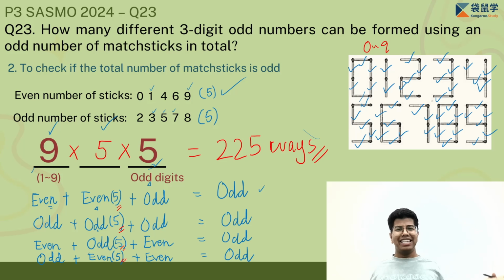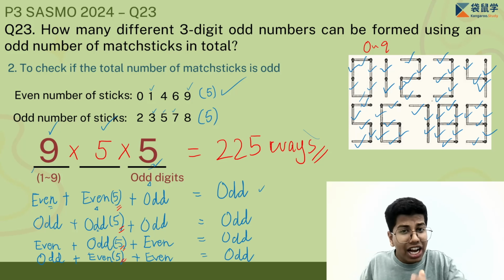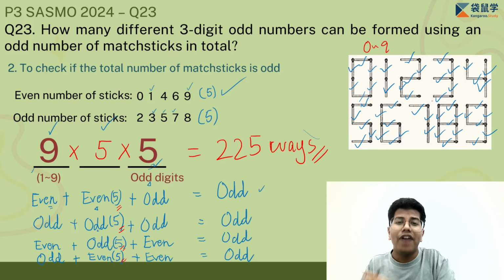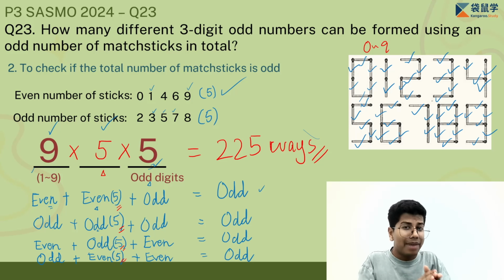So what can we understand from this part? From the second part we can understand that no matter which digit it's asking, it was asking us for an odd number of matchsticks, no matter what it's asking, just the last step of our calculation, that is the middle one, determines if the sum is odd or even. This is the second thing that we can understand from this question.